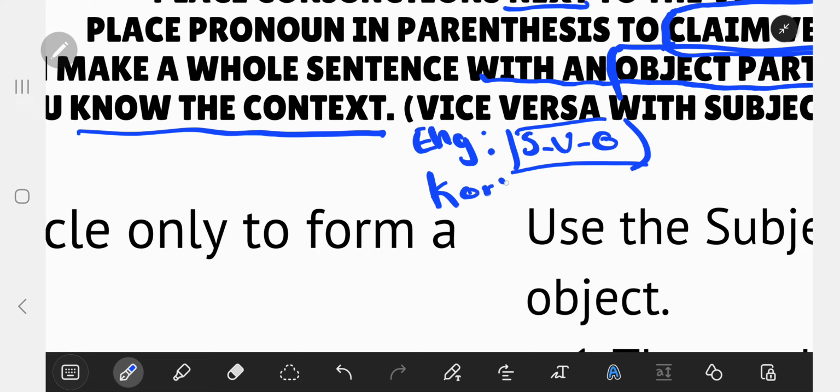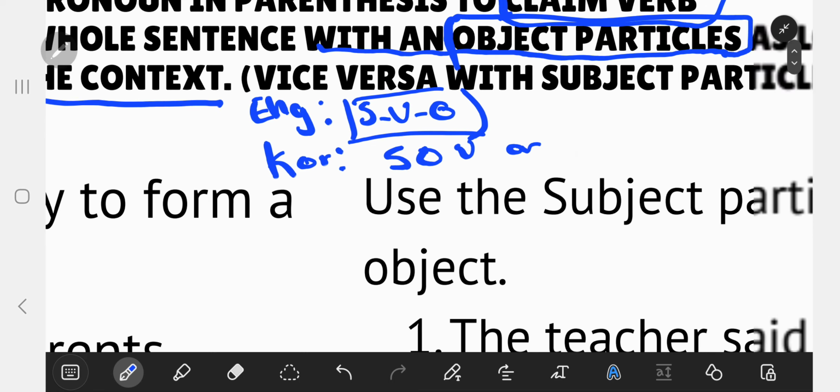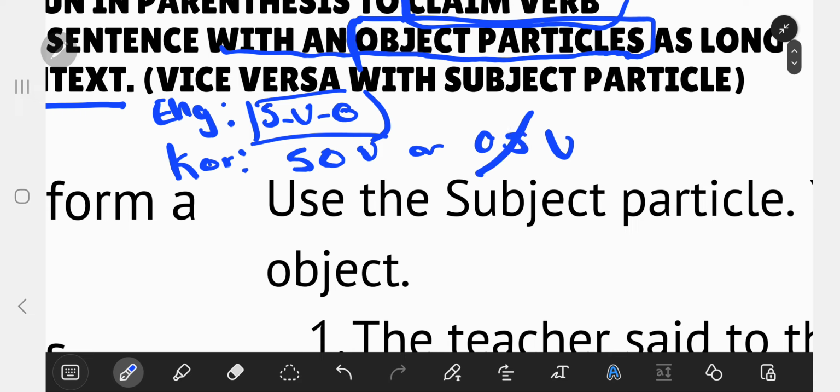But in Korean, it can be something like this: subject, object, verb, or object, subject, verb. So if you eliminate this, we still know that what we need is a subject.